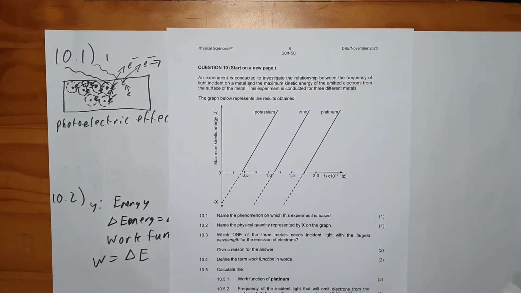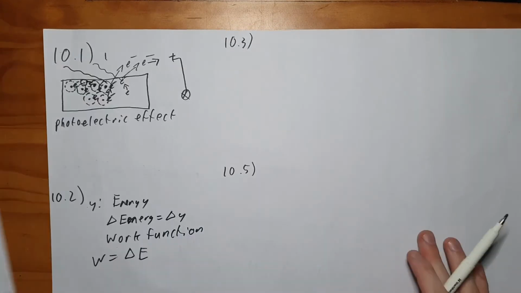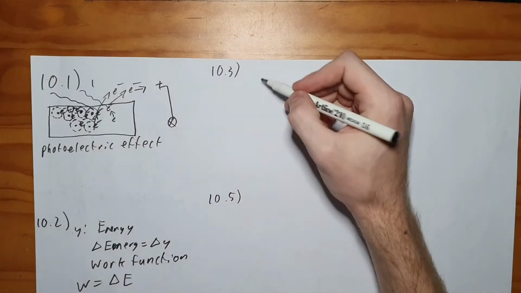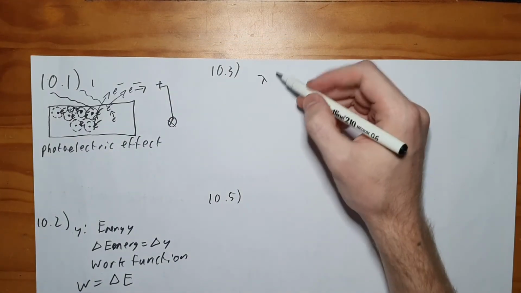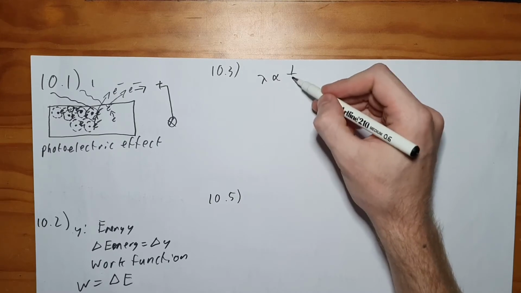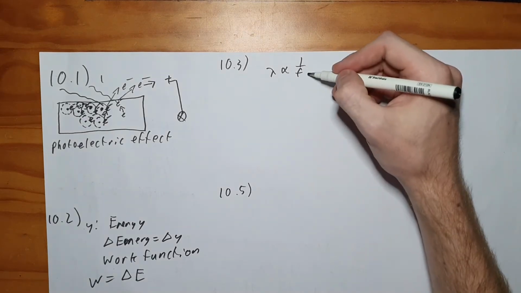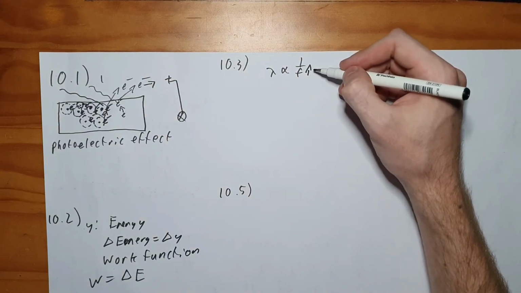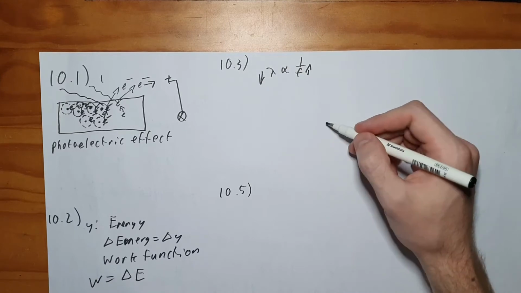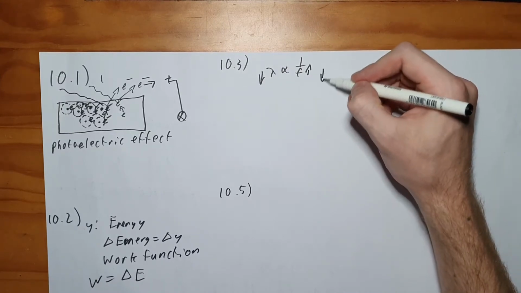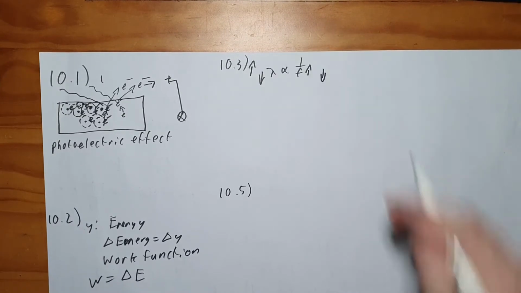Now you should recall that wavelength, lambda, is inversely proportional to frequency. So what does that mean? If frequency increases, my wavelength is decreasing. But if my frequency decreases, my wavelength must increase.